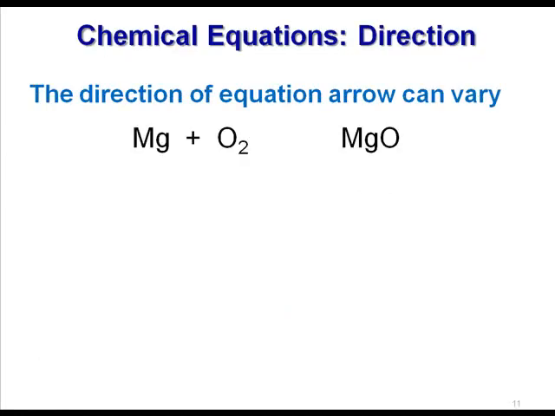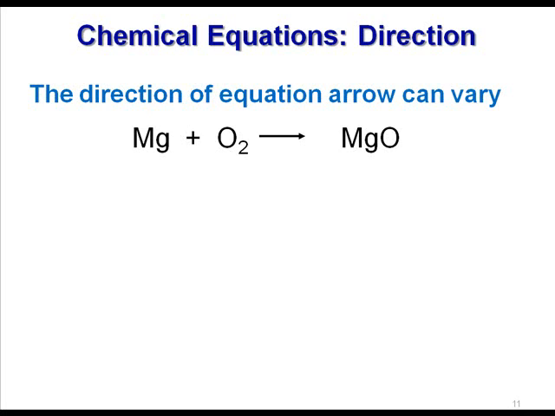So all reactions have arrows, and the arrow shows the direction that the reaction moves towards. It shows which molecules will start to fall apart and undergo rearrangement, and what molecules you wind up with on the other side.